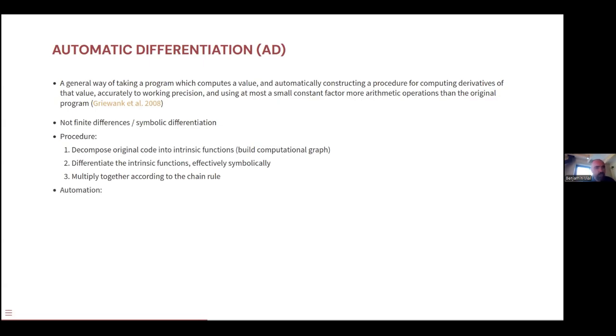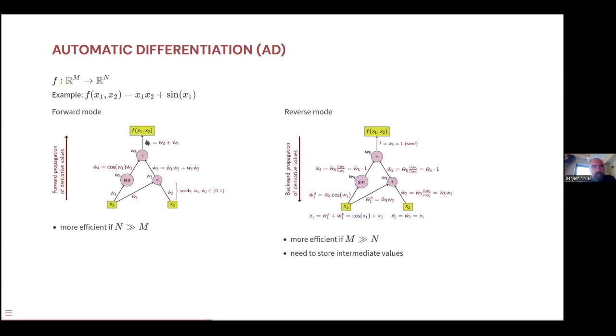To automatize this, there are a few strategies: transforming the source code or overloading the operators that you use. This is fairly much related with what is called in machine learning forward propagation or backward propagation. And this is why with the advent of machine learning tools, you've got more and more libraries that do that automatically for you. In our case, because we are going to have a much larger number of inputs than outputs, we are going to use the reverse mode of differentiation.